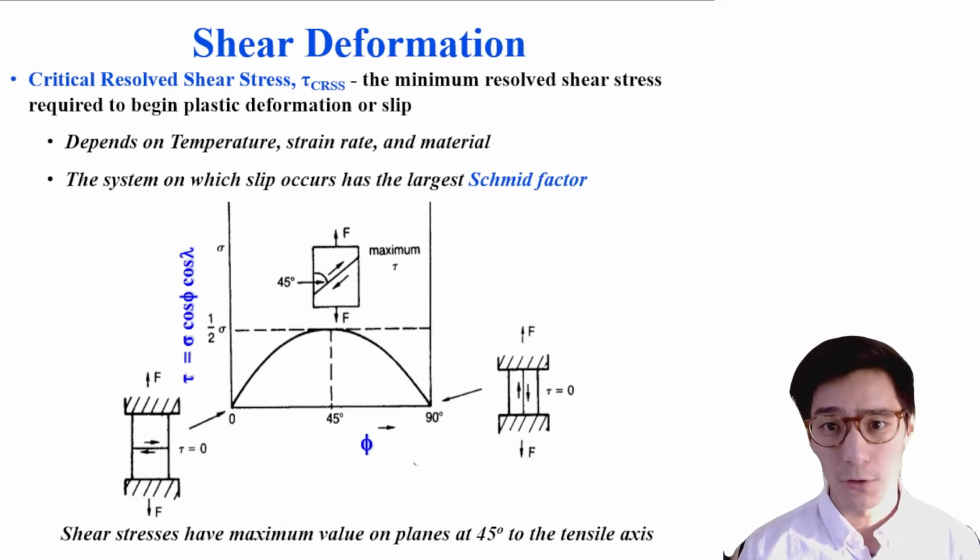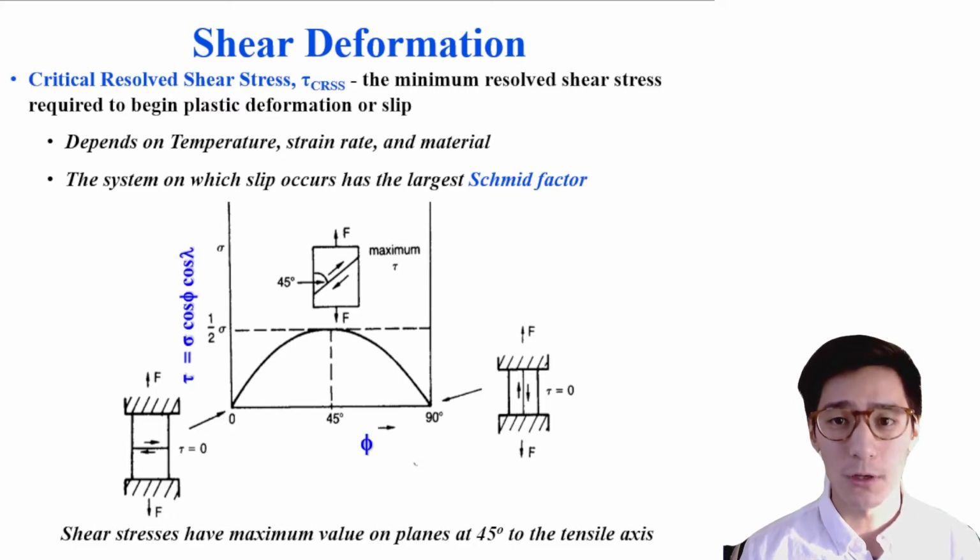Once the internal resolved shear stress meets a certain threshold value, the dislocation begins to glide and the material deforms. This is called the critical resolved shear stress. It's a material property that depends on the temperature, strain rate, and type of material system.